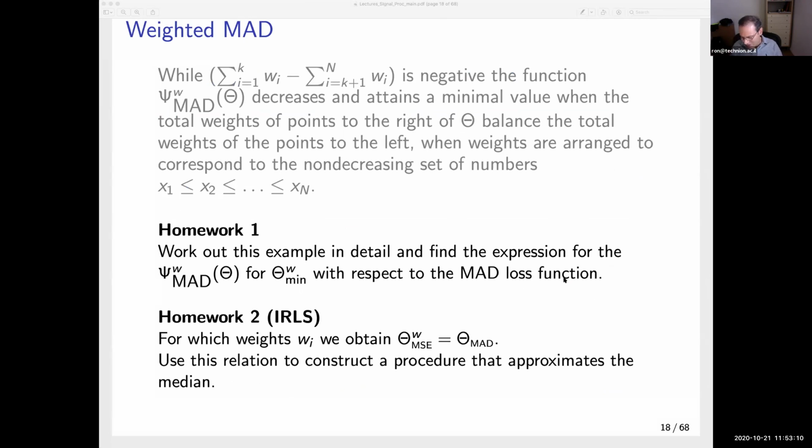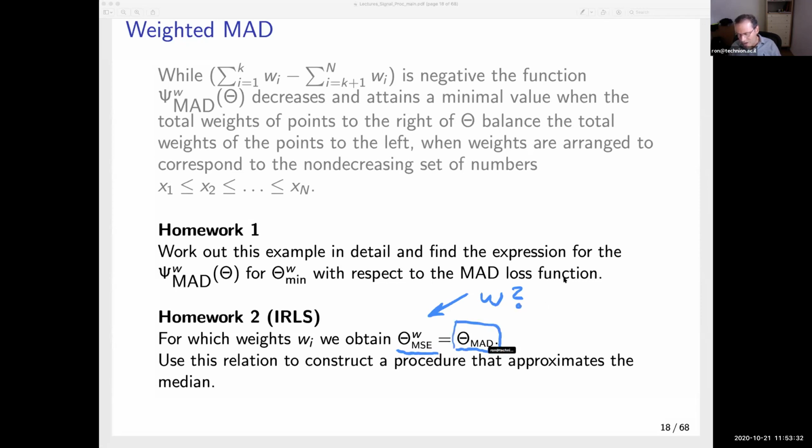Now there is a different question: for which weights would the optimal MAD be equivalent to the optimal MSE? So the question is, which weights should I use in order to find that?